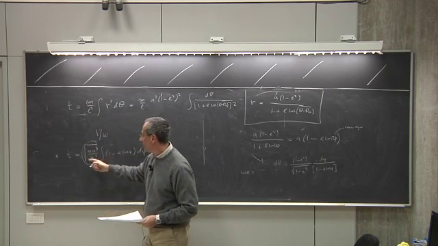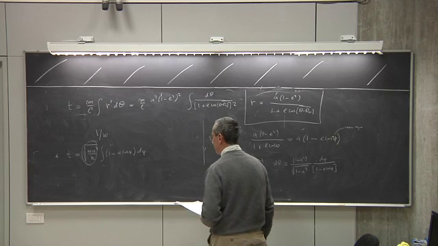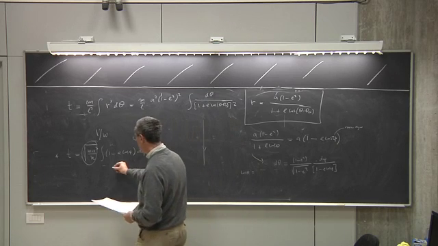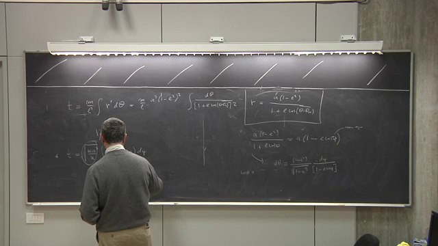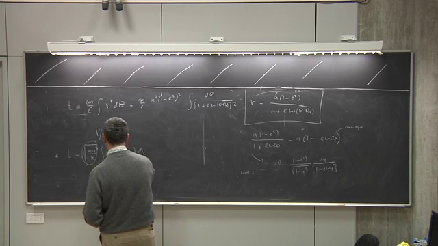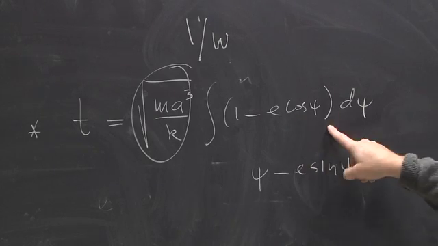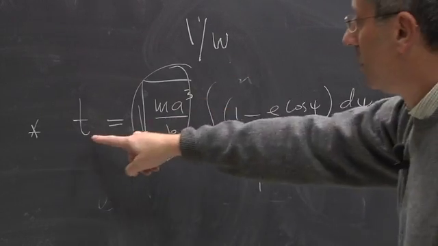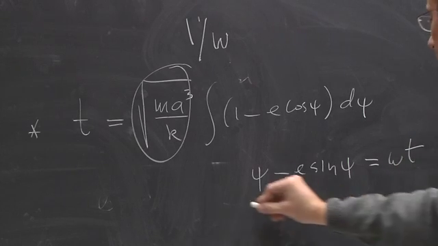It's going to be an angular frequency. So you see, the solution of this is psi minus e sine psi, which is equal to, well, I have 1 over omega, I bring it there, omega t.